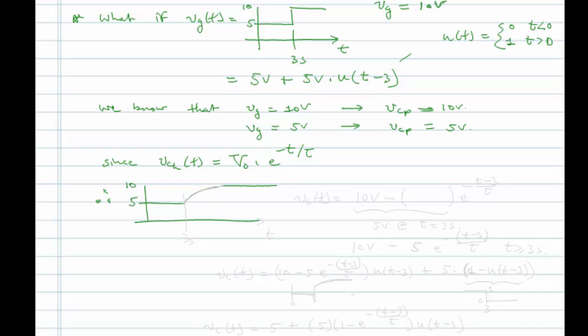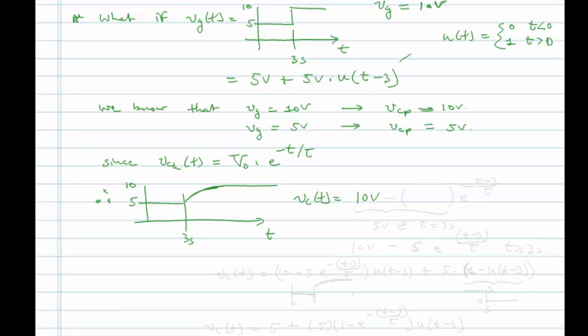So it'll go from 5 up to 10 at 3 seconds. And this response here is going to be characterized by this e to the minus t over tau. So we can write it just by inspection. We'll say Vc of t is equal to, let's see, at time infinity, it's going to be 10 volts.